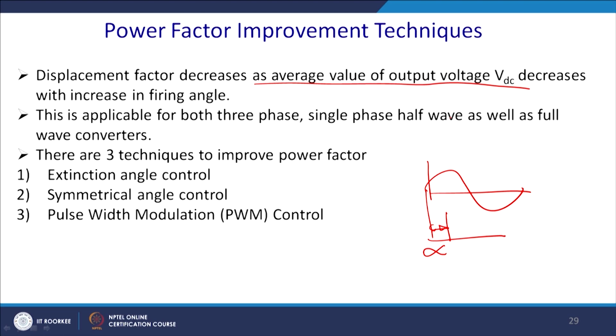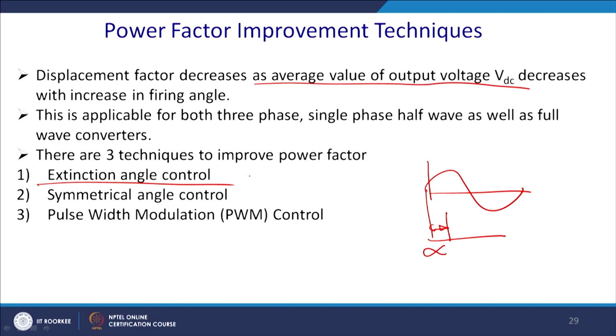There are 3 techniques to improve power factor. We have seen while discussing the different pulse converters: 6 pulse, 12 pulse, 24 pulse, 48 pulse converter. One is extinction angle control. Generally thyristors can only give you turn on control, turn off control is not possible.